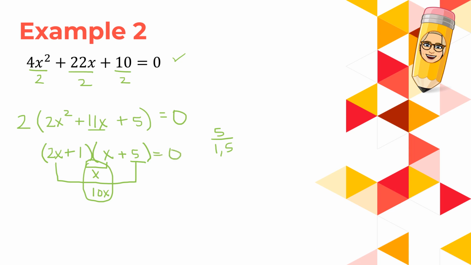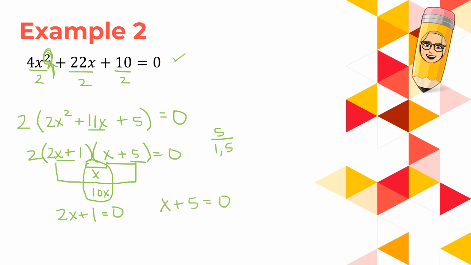Now here we want to note that last time we had 2 solutions. The number of solutions matters on your exponent. Your highest exponent tells you how many solutions there will be. So because I have 2 here, I'm just going to focus on the parentheses. So I'm going to take 2x plus 1 equals 0, and I'm going to take x plus 5 and also set that equal to 0.